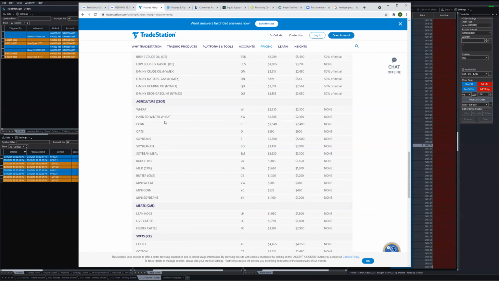And then now, as I said, we have meat, wheat, corn, soybeans, but we have now mini wheat, mini corn, and mini soybeans as well. And then look at the margin requirements.